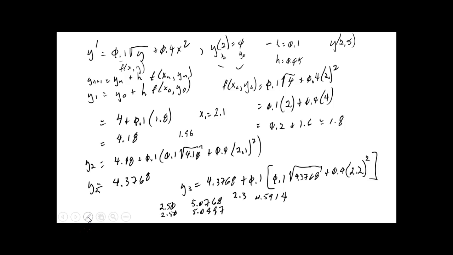The step size is 0.1 or 0.05. If I take these steps, it takes me 5 steps to get there. If I take these steps, it takes me 10 steps to get there. That's what it means. You're just doing smaller increments, but you're staying closer to the real curve.